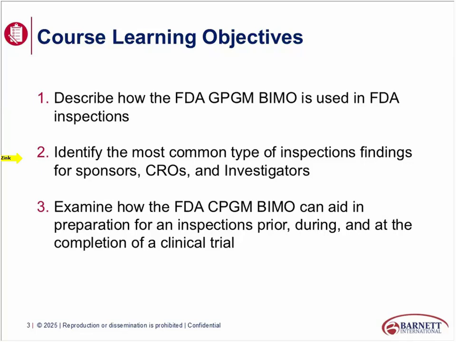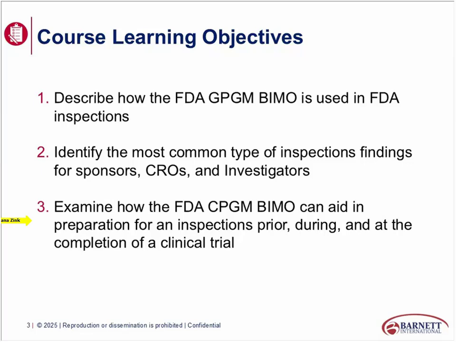Why this is so helpful is that when we know what the FDA is focused on, and where others are having problems, their types of inspection findings, that gives us a lot of information about where we should focus our preparation to be ready for the FDA. So it's very helpful to understand what that information is and how to find it.